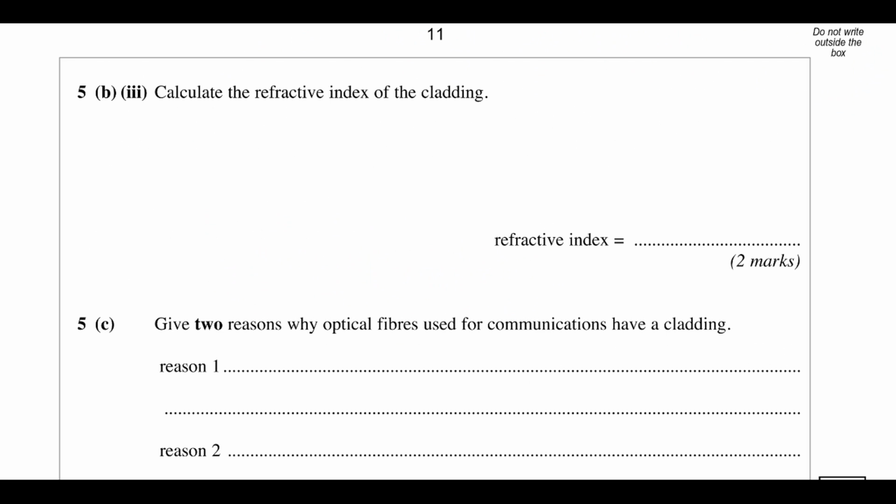Then it wants us to get the refractive index of the cladding. So under the conditions of total internal reflection, the critical angle, sorry, sine of the critical angle, that's just equal to N2 over N1, because the angle of refraction is 90. We've just calculated the critical angle.